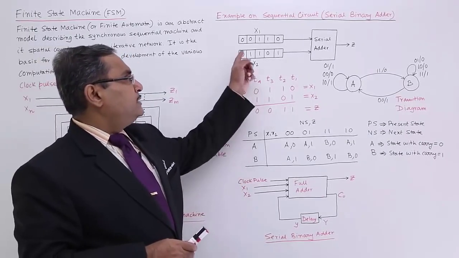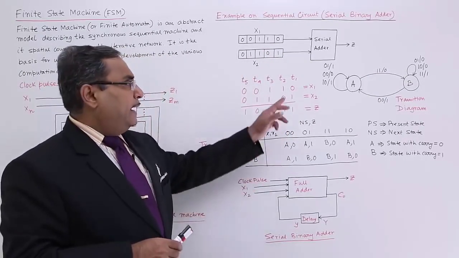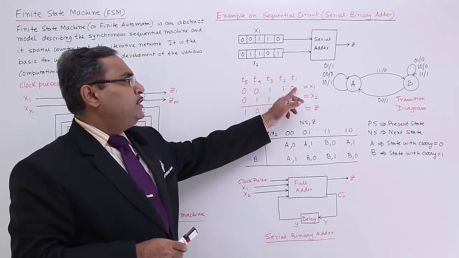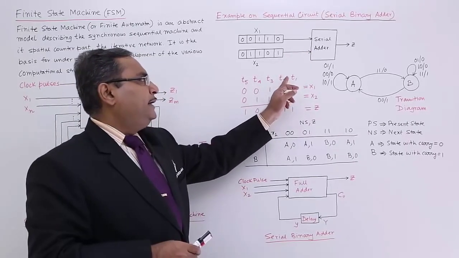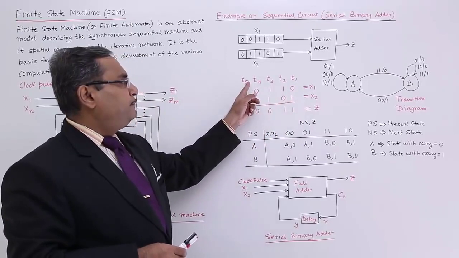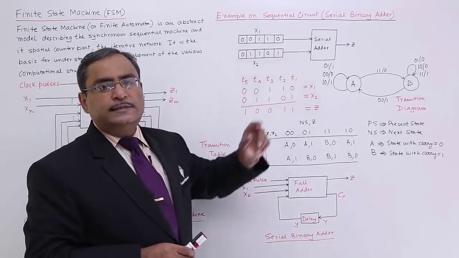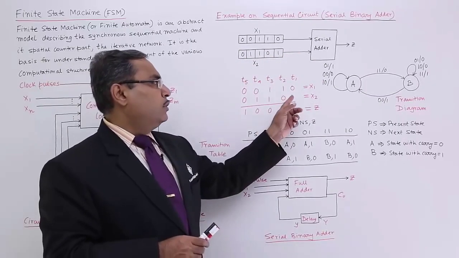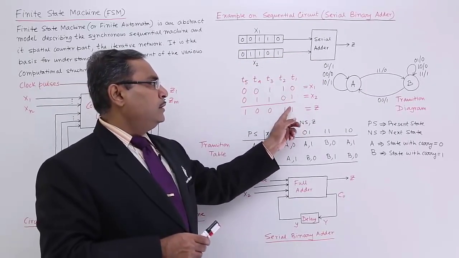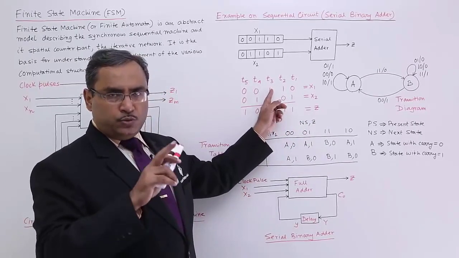Let us suppose these are the bit patterns we have taken, written here. At t1 instant of time, 0 and 1 will be available there. At t2, 1 and 0 will be available. In this way, at t5, 0 and 0 will be available to the serial adder. Now please go on adding. 0 plus 1 is 1, 0 plus 1 means 1, 1 plus 1 means 2, and 2 means 1 0.